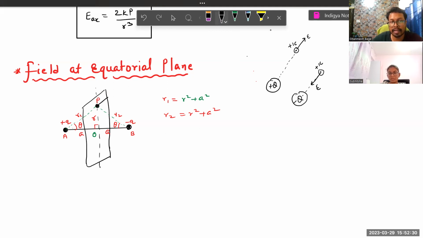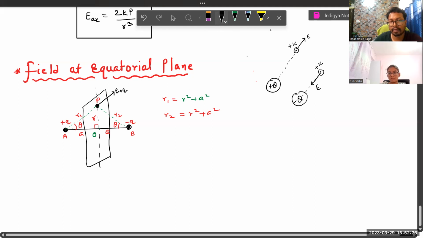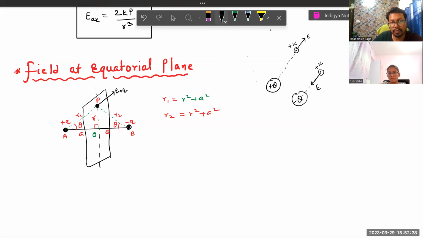Is it not in this direction? E plus Q. And E minus Q will be in this direction.